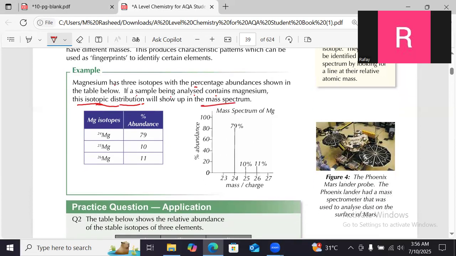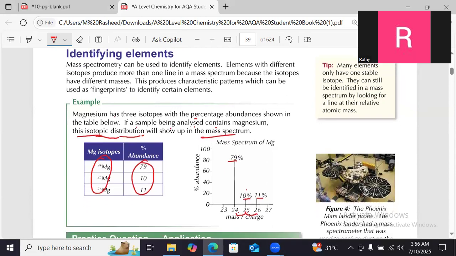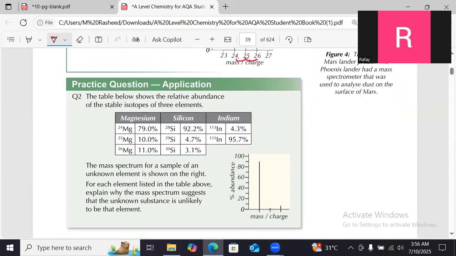So if you get this ratio, like 79, 10, and 11, and their masses differ by 1, like 24, 25, 26, then definitely the compound contains the element magnesium. By using the ratios of percentage abundance and their masses, we can identify the elements as well. This is also a use of the mass spectrum.